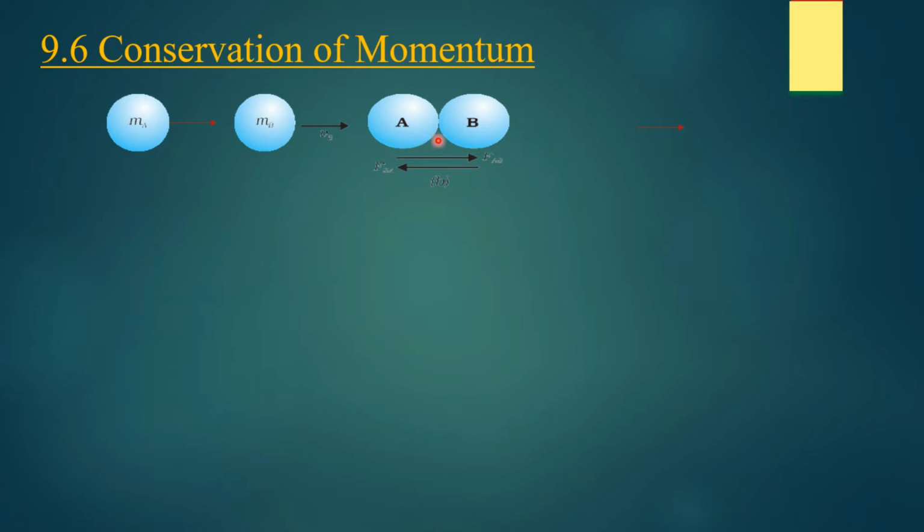That means balls A and B will come together for some time. In this, the force will be exchanged. Ball A will exert a force on B, and in turn ball B will also exert a force on A. But both the forces will be equal and opposite. After the collision, both the balls will move with different final velocities, vA and vB.